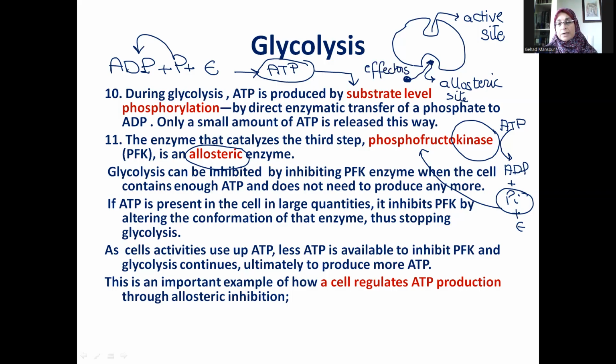And when the allosteric effectors bind with the allosteric site, they cause a conformational change in the shape of the enzyme. That conformational change may have a positive effect on the active site, meaning that it helps the active site to bind more perfectly with the substrate, or it might have a negative effect on the active site and therefore on the whole enzyme by making the active site less fitting with the substrate.